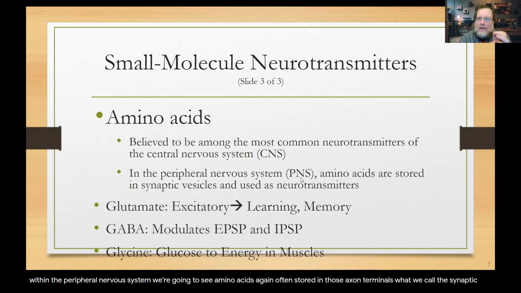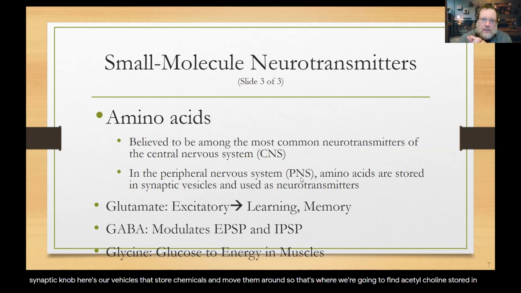These are little tiny vehicles within the synaptic knob, or within the end of what we call the presynapse or the presynaptic knob. Vesicles are just little containers or vehicles that store chemicals and move them around. So that's where we're going to find acetylcholine stored, in synaptic vesicles.